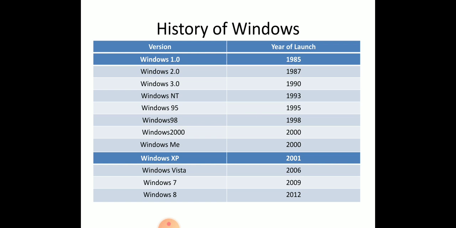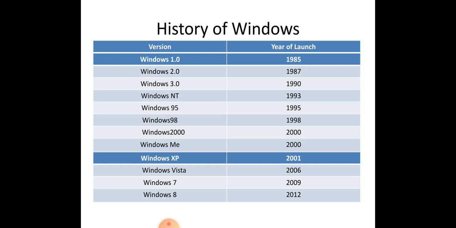Next, we will see the history of Windows. First, we will see the versions and the year of launch. Windows 1.0 launched in 1985. Then Windows 2.0 launched in 1987.